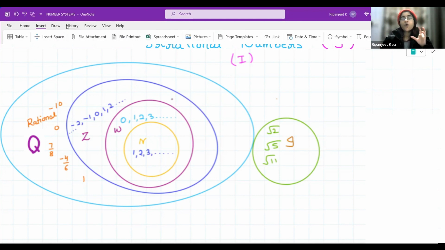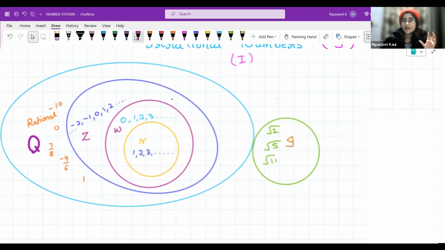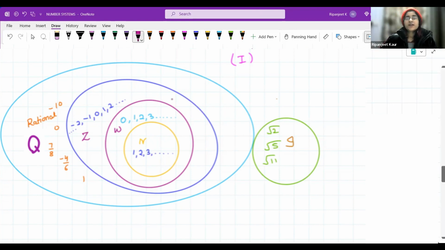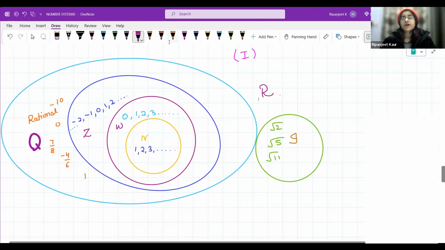Now we had done all of this, but do you think there is any system which includes all of the types of numbers that are there, where rational, irrational, whole, natural, everything is included? Can you guess what that number system is? I tell you, that number system is called the real number system, which we represent with R. The set of real numbers in which everything is included.